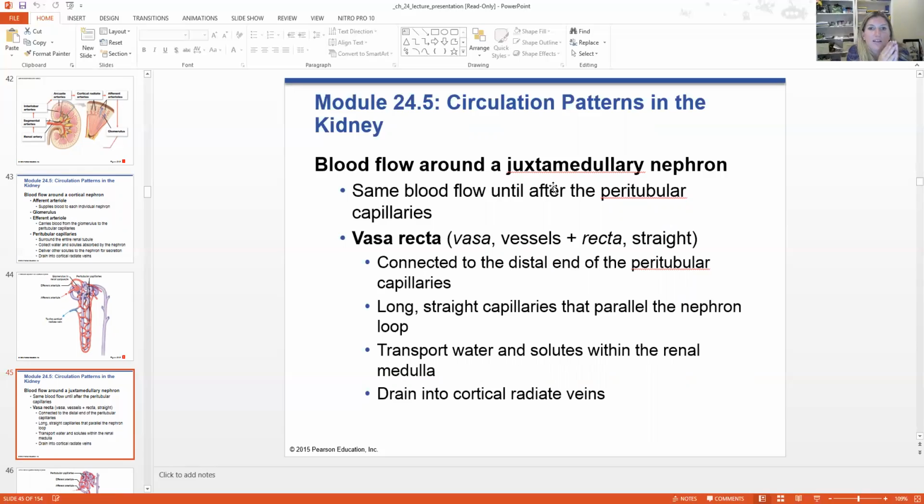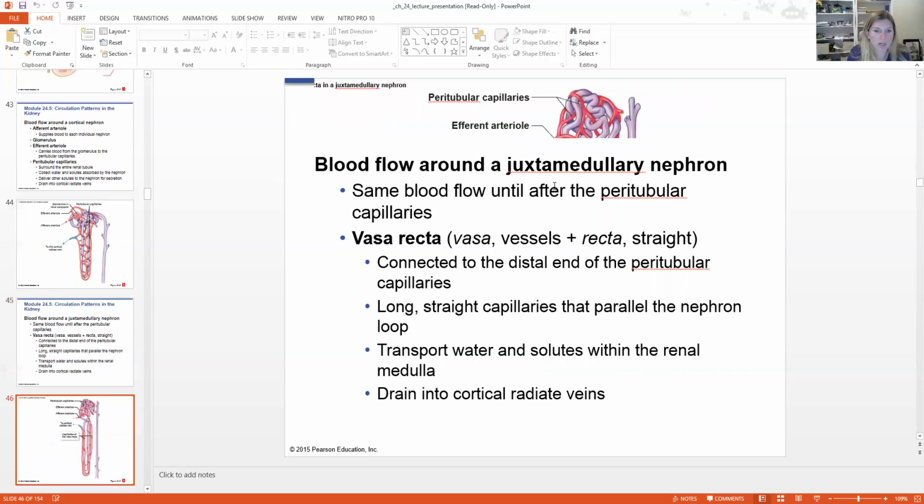What this does is it's going to help pull extra water and solutes out of the filtrate. Remember, the function of our juxtamedullary nephrons is to hyperconcentrate our urine. And so that's what this vasa recta does. It hyperconcentrates our urine, and it drains into those cortical radiate veins.